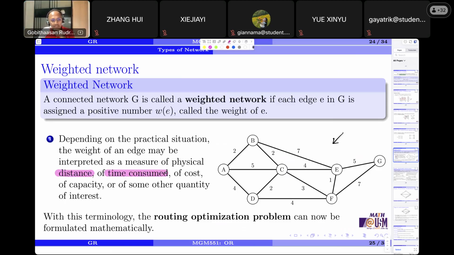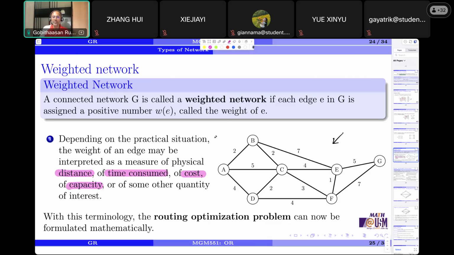If it's a road network, B is connected to E, maybe the amount of time taken to travel from B to E, or a distance can be 7 kilometers, or cost, maybe 7 ringgit, or capacity, maybe 7 passengers, anything for that matter, right? So that is the purpose of weight.